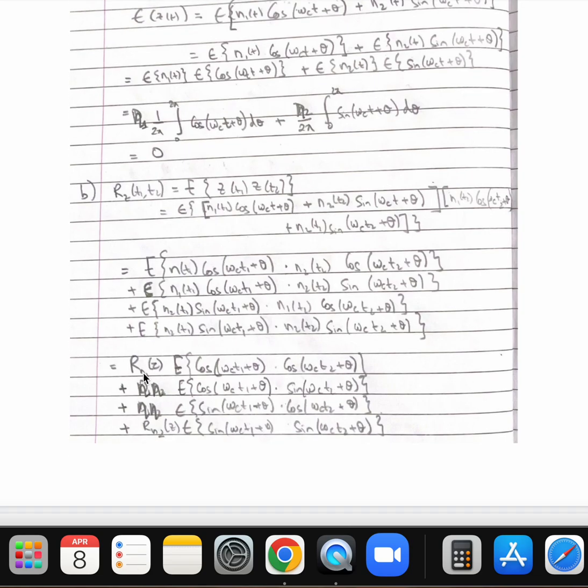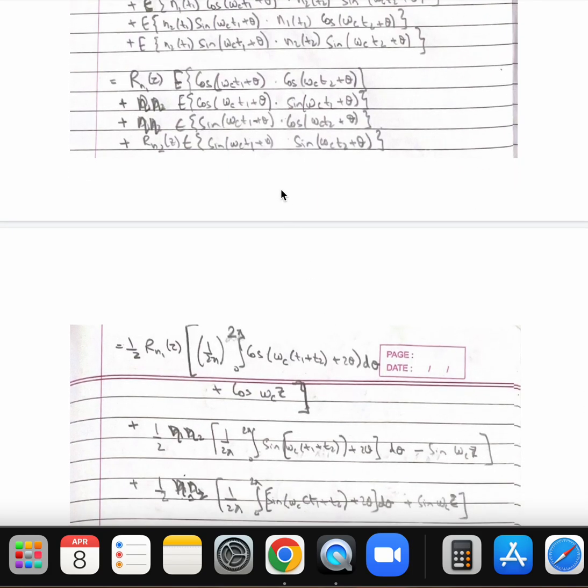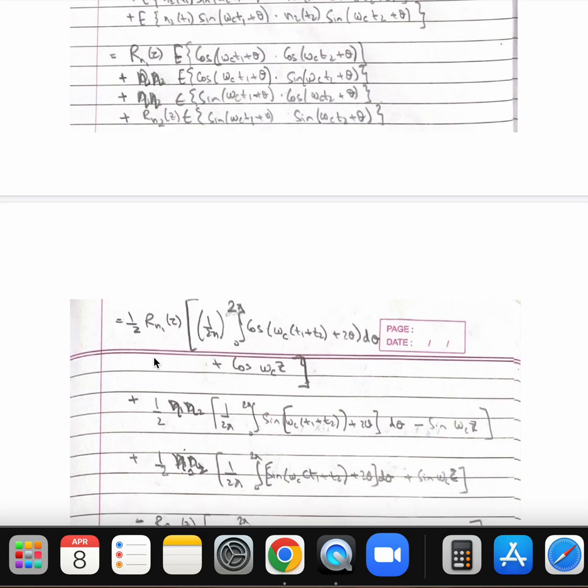So we get R_eta1(tau) times the expected value of cos(omega_c t1 + theta) cos(omega_c t2 + theta). The next term is the same thing with eta 1 eta 2 outside, another eta 1 eta 2 outside, and the final term will be R_eta2(tau) times the expected value of sin(omega_c t1 + theta) sin(omega_c t2 + theta). Now expanding the expected value term in the form of integrals, we get 1 by 2 pi, integral from 0 to 2 pi of cos(omega_c(t1 + t2) + 2 theta) d theta, plus a term in omega_c tau.